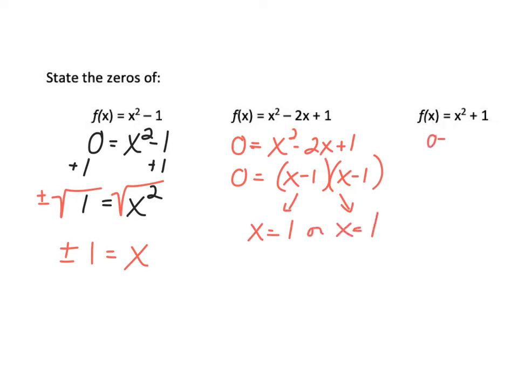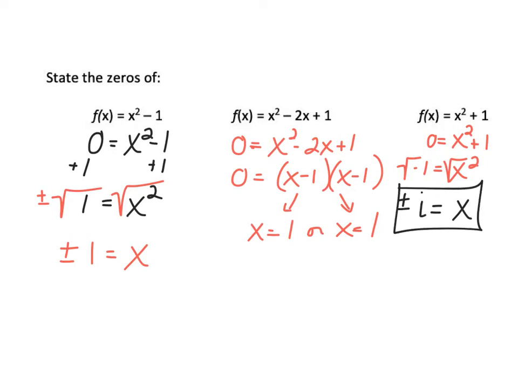And in this third one, if I let y be 0, then I'm going to solve by subtracting 1 from each side, which gives me x squared equals negative 1. Take the square root of both sides, and I get x equals, well, plus or minus i. So this time this would be a pure imaginary number, but notice that there are again 2 solutions.